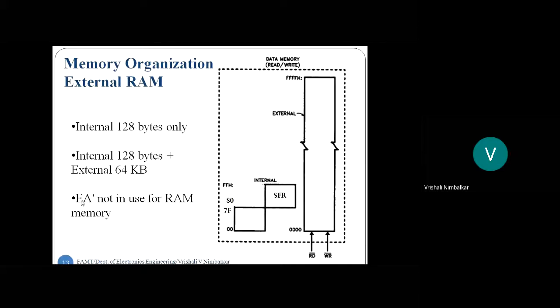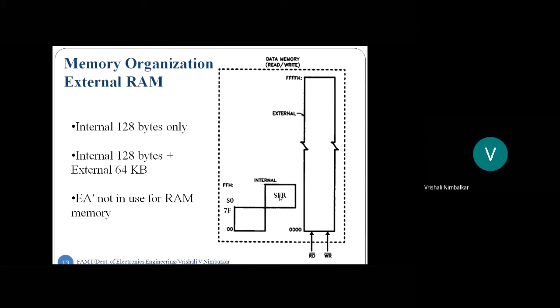Correct? And that external access pin is not in use when we are interfacing RAM memory. So this pin is ignored for RAM connections. Is that okay? So EA bar is not in use for RAM memory. So look at the right hand side of your screen, the diagram. 00 to 7F is internal RAM. 80 to FF are the special function addresses.